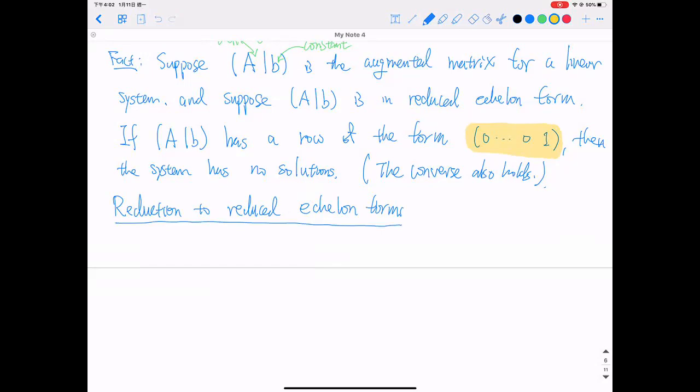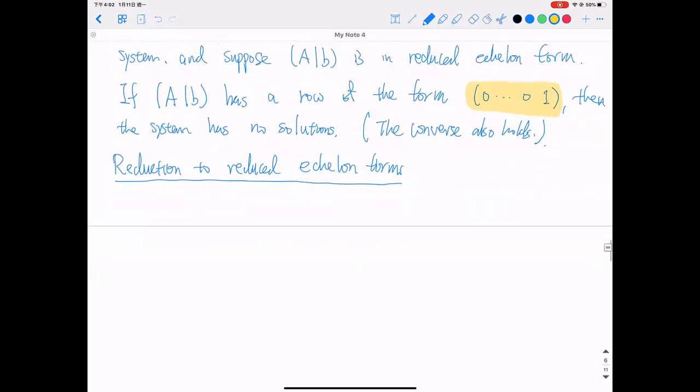So we can formalize the reduction process into an algorithm. Let's give it here.